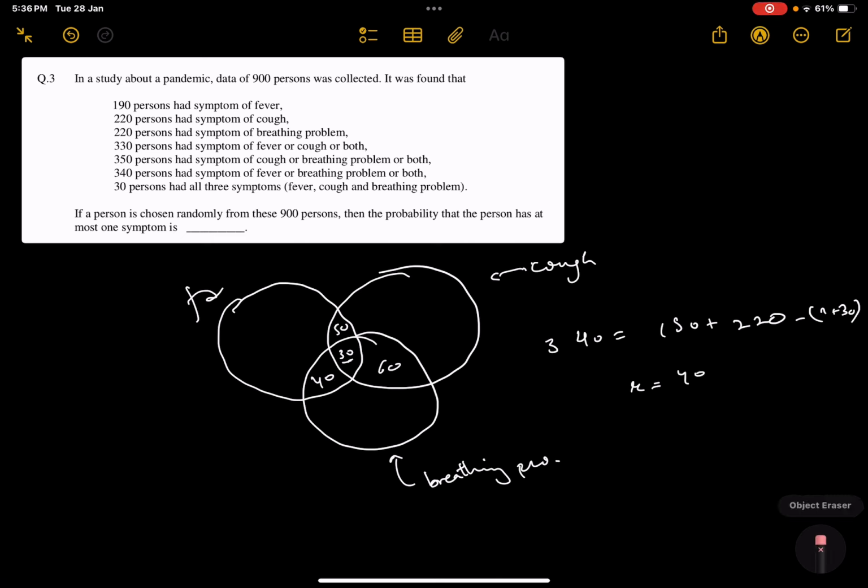So that gives us the number of people who exhibit at least two symptoms as 40 plus 60 plus 30 plus 50, which is 180.